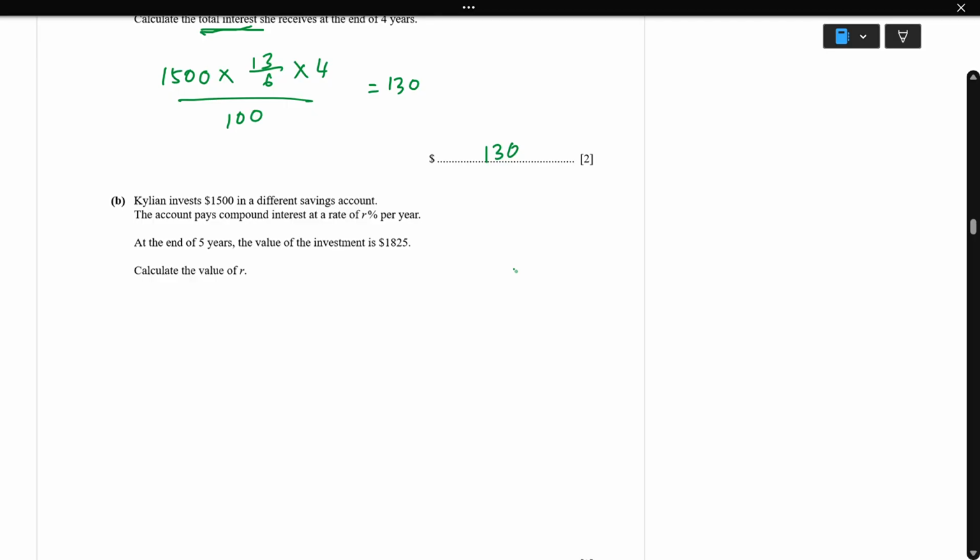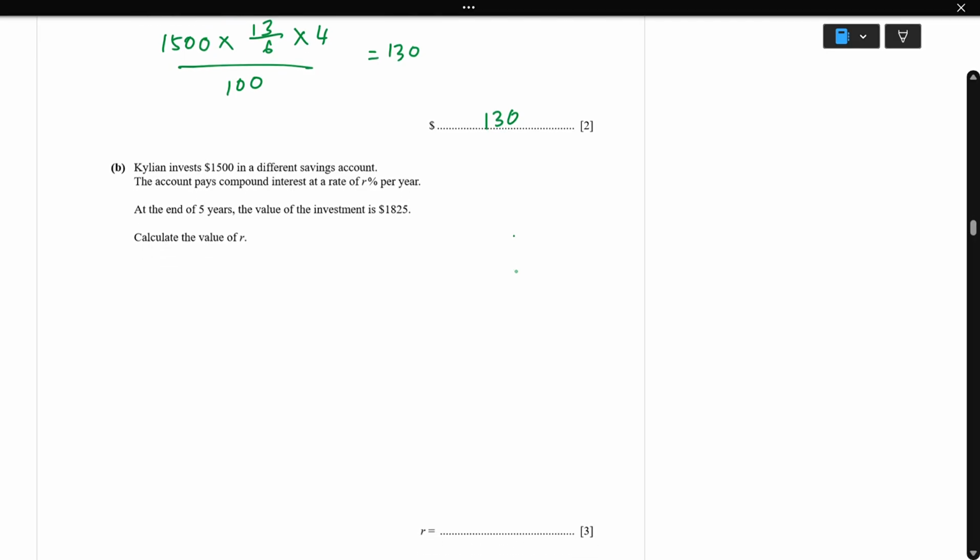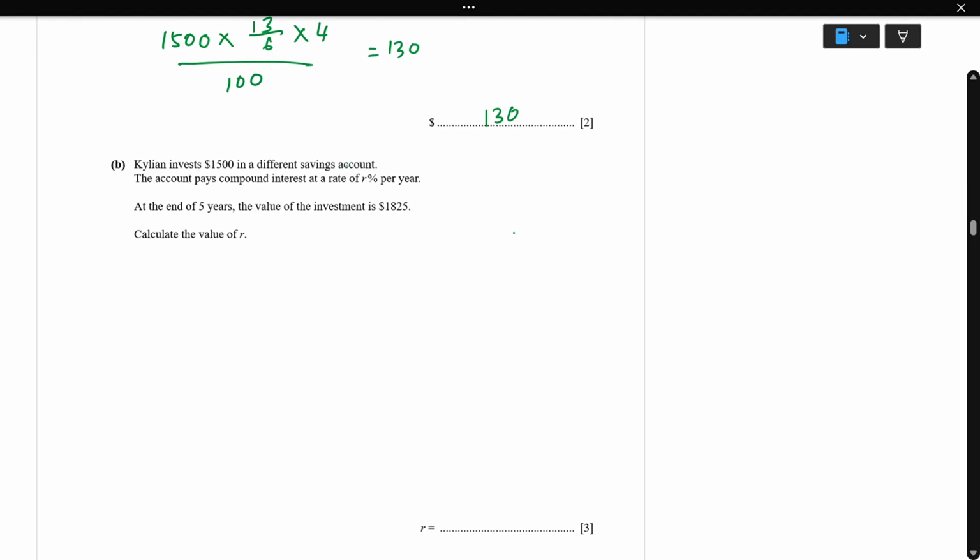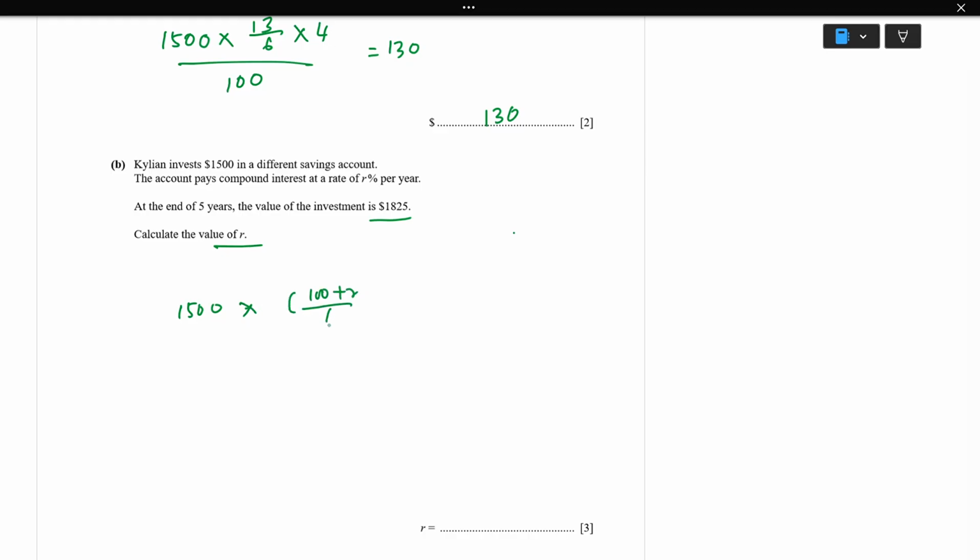Next, Kilan invests 1,500 in a different saving account. The account pays compound interest of R percentage per year. At the end of the 5 years, the investment amount is 1825. Calculate the R. So rate of interest we need to calculate, which is 1,500 times 100 plus R over 100 power 5 equal to 1825.